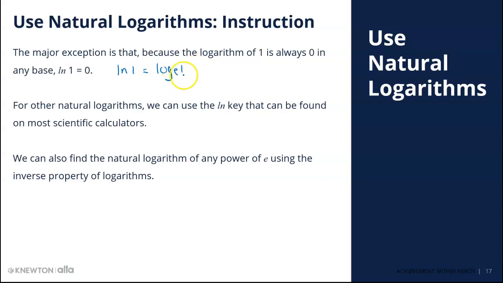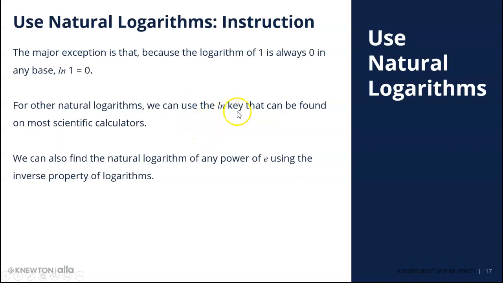So we would think of the exponent, or where we would raise e to get 1. And we know that e to the 0 is equal to 1. So therefore, ln 1 is equal to 0. Other than that, we would need a calculator to find the value of ln.